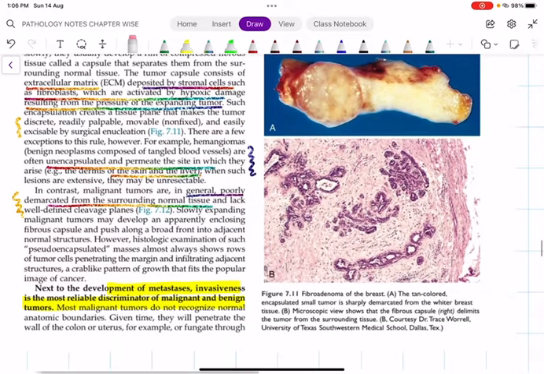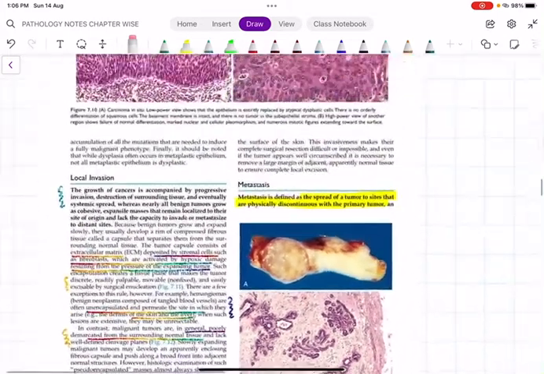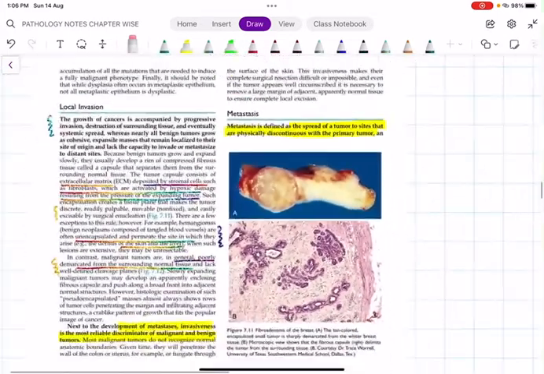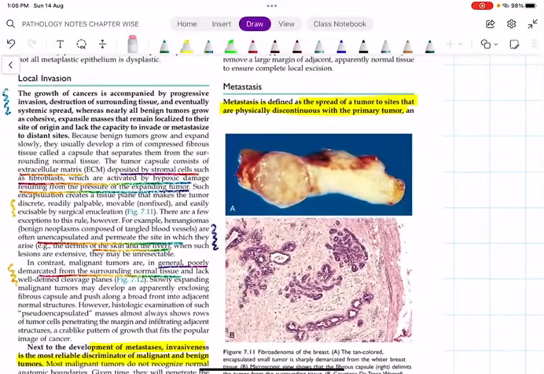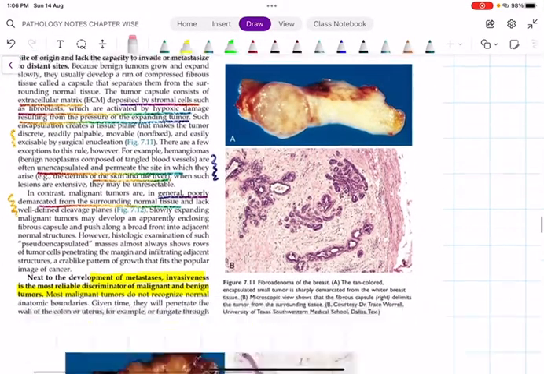Another most important thing, remember, for malignancy and benign, how will you differentiate? What is the characteristic feature which distinguishes benign tumors from malignant tumors? The answer is metastasis. That is the first answer. The second differentiation is local invasion. Local invasion is a more characteristic property of malignant tumors than benign tumors. What is metastasis? It is the spread of tumor to sites which are physically discontinuous with the primary tumor.